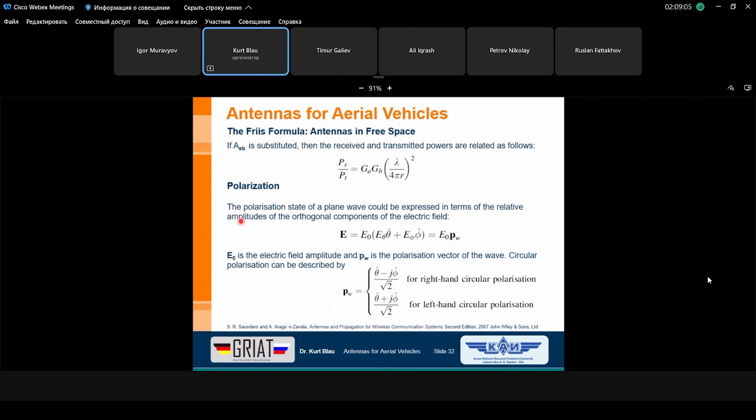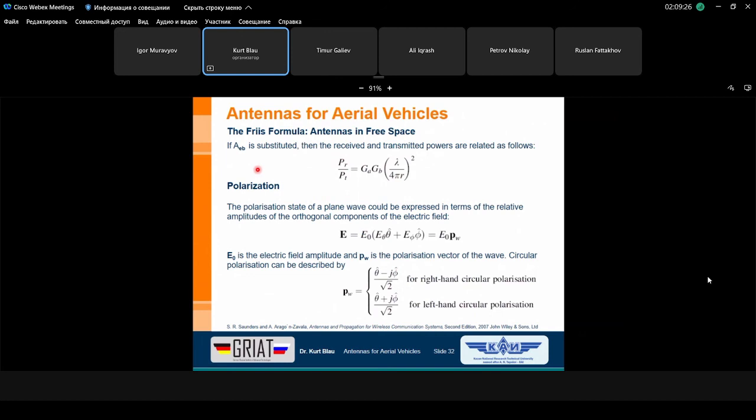Now let's start with the last point in our lecture. This is the so-called polarization. I already mentioned that if you have a dipole, the E field vector is moving in a certain direction.